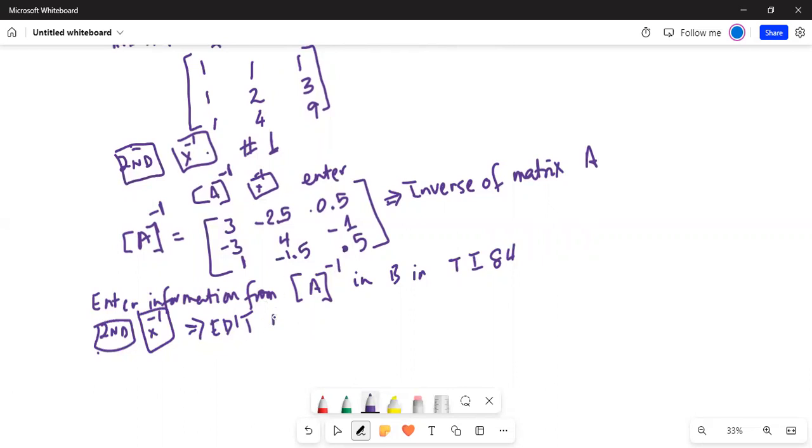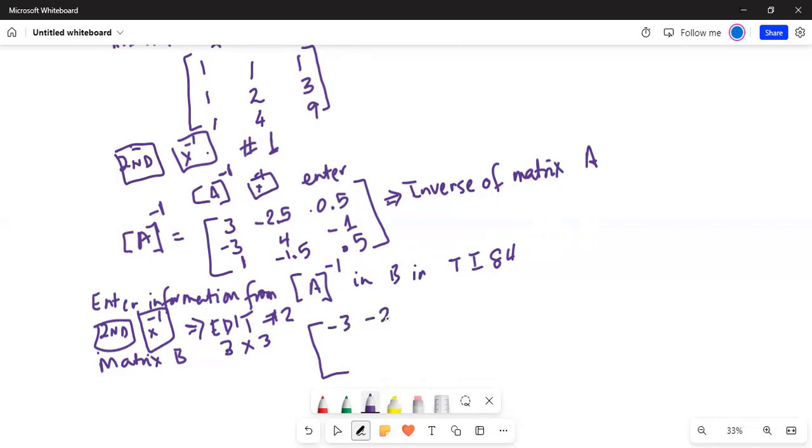Edit, then number 2, and you have matrix B. Make it a 3 by 3, 3 rows by 3 columns. So type in 3, then enter, again 3, and then enter the information for matrix B, which is basically A inverse.